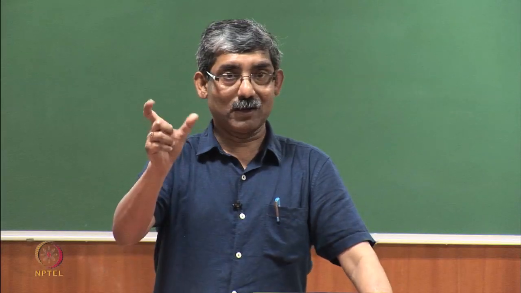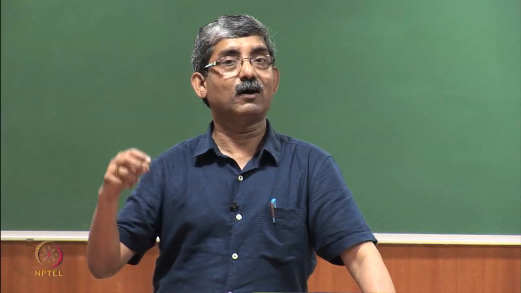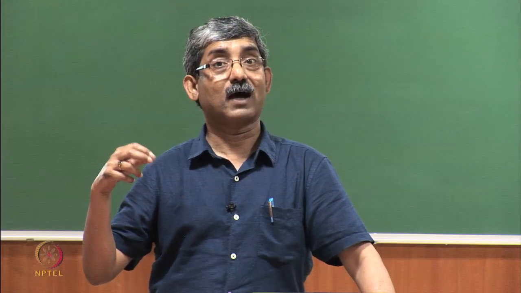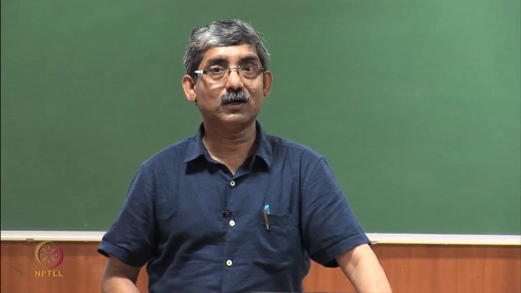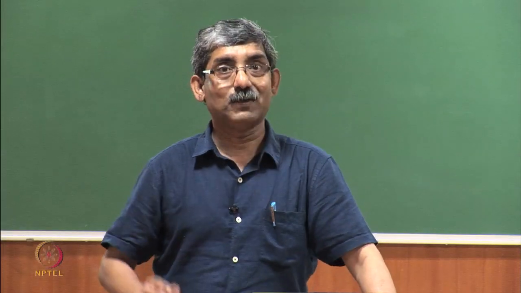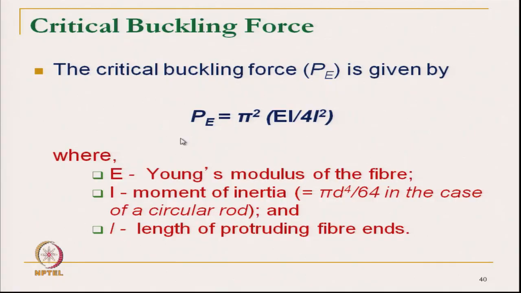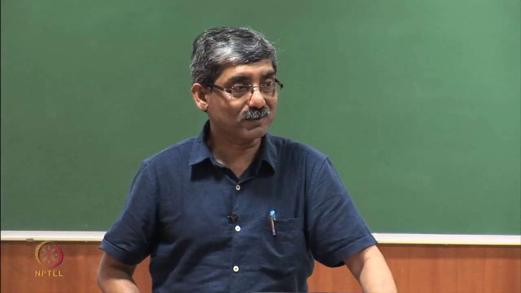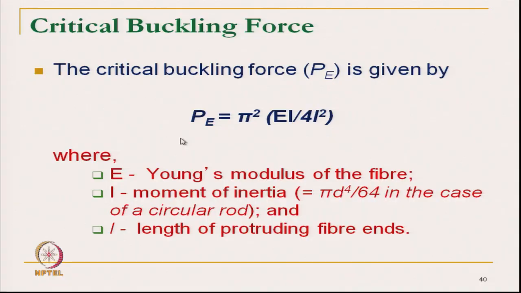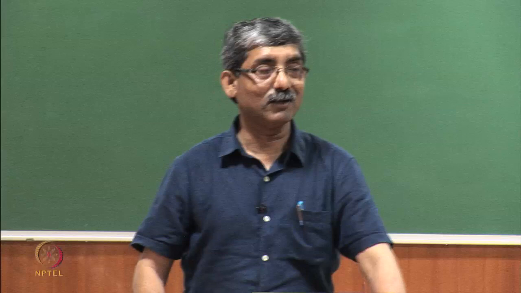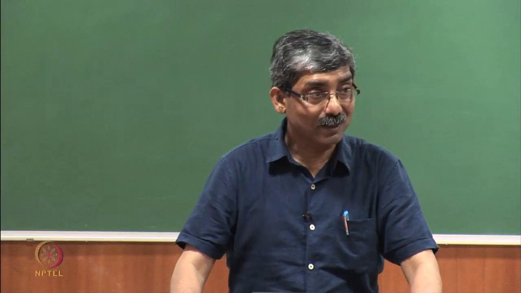If the bending rigidity or moment of inertia of the fiber is high, and moment of inertia is directly proportional to the diameter of the fiber, that means if we use a coarser fiber, it will give higher buckling force and higher prickle sensation. If we use a longer fiber, it will give less buckling force.